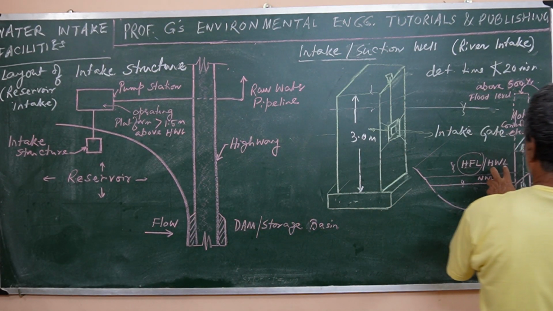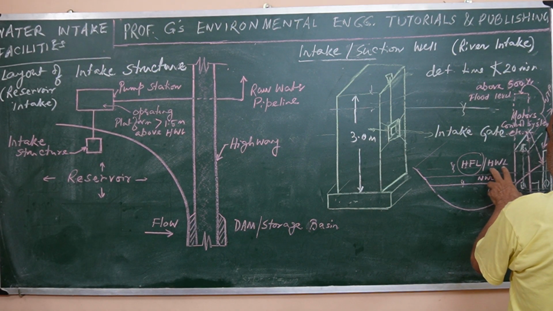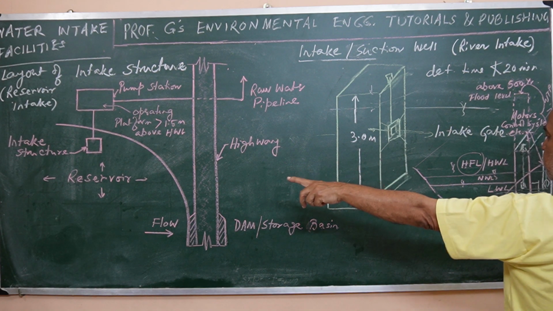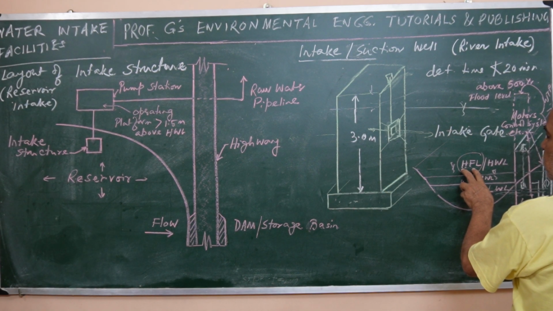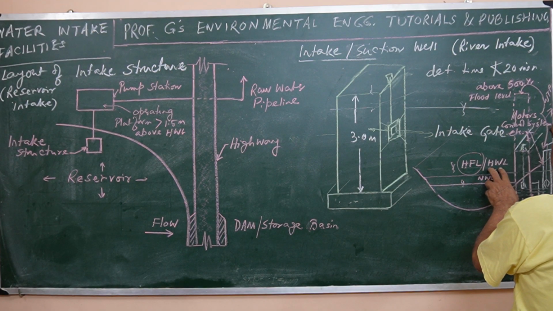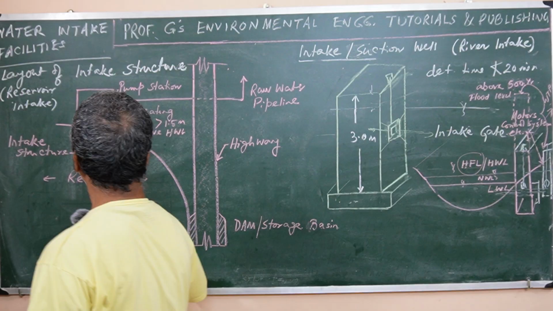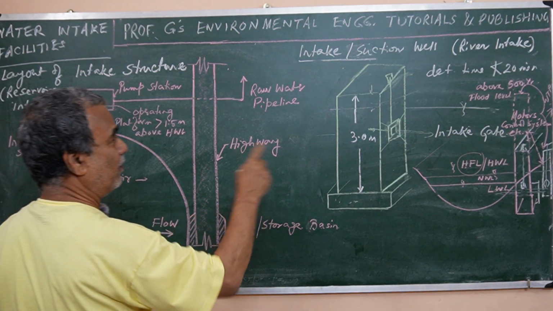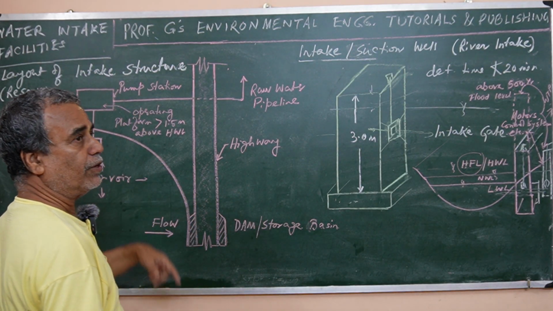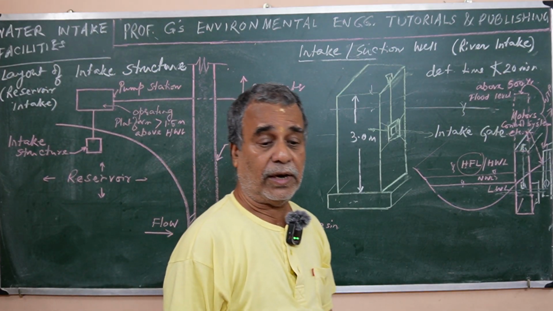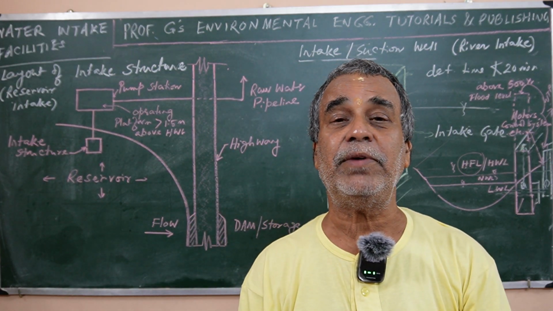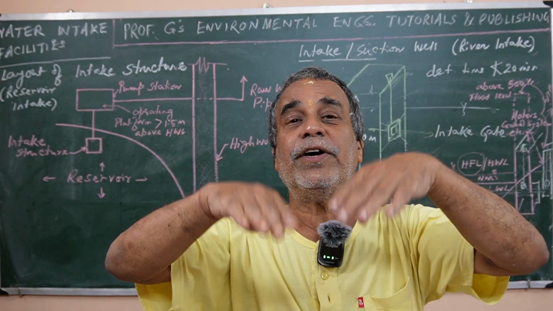And why I have written this one: in case of a river, the highest flood level comes, but in case of storage in a reservoir, the highest water level in the reservoir comes, because the reservoir does not necessarily maintain the river water level.